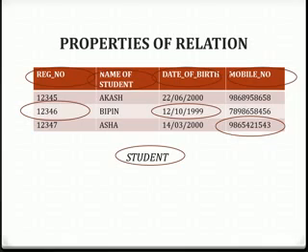There cannot be another heading as name of the student in this student relation. So each and every attribute should be different. No duplicate entries should be there. That is the third characteristic of the relation.